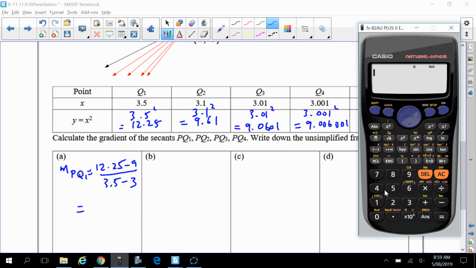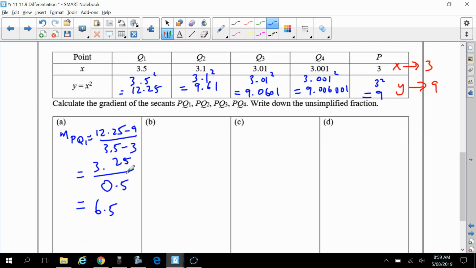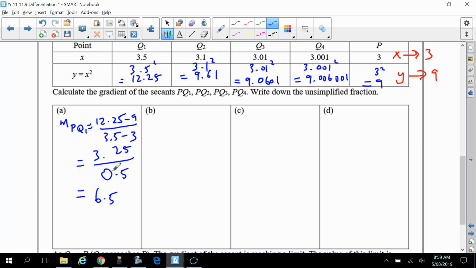Rather than doing the fraction, I want to show the full working. There's a reason I asked you to do that, because in order to understand this, you have to show every step. Show that intermediate step before you write down 6.5. And you'll see it soon.